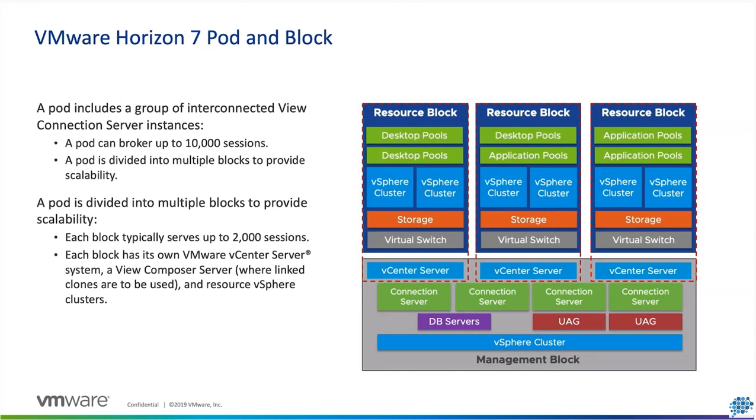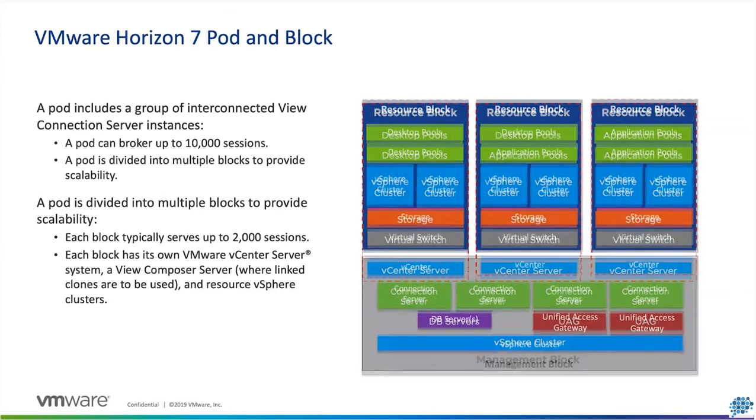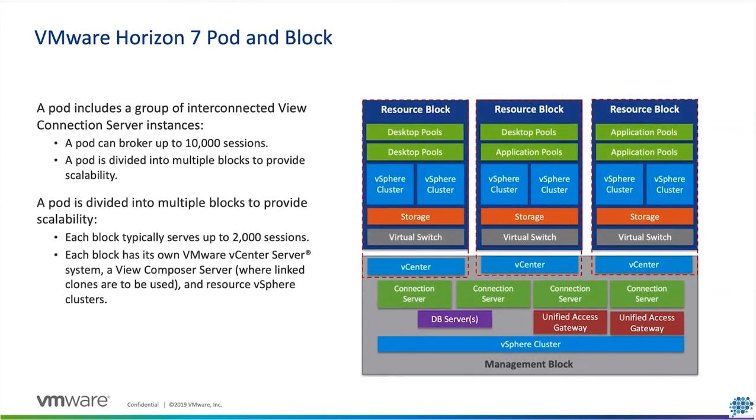What do we have in the management block? The management block contains all components that are required to run the infrastructure. Components like the vCenter, like the connection servers, like App Volumes Manager, like Unified Access Gateways. All of those things are part of the management block.